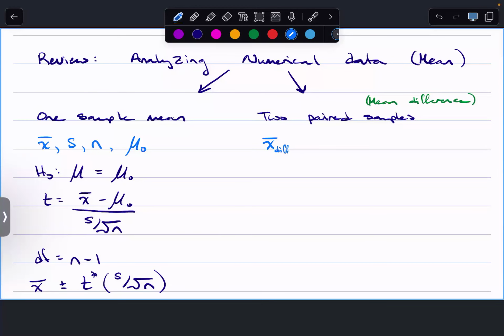And what we're going to do is just put a little subscript diff on there just to highlight that it's the differences, or a little d if you want. The standard deviation of the differences and n of the differences.